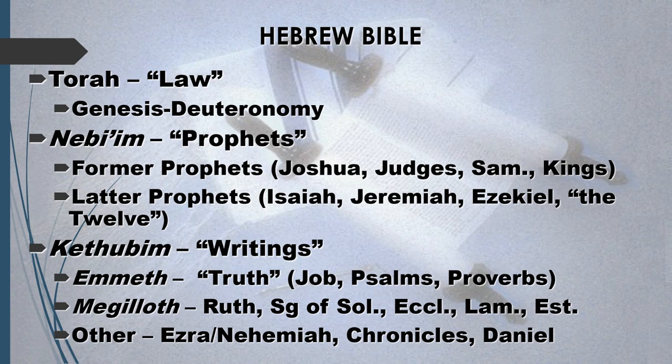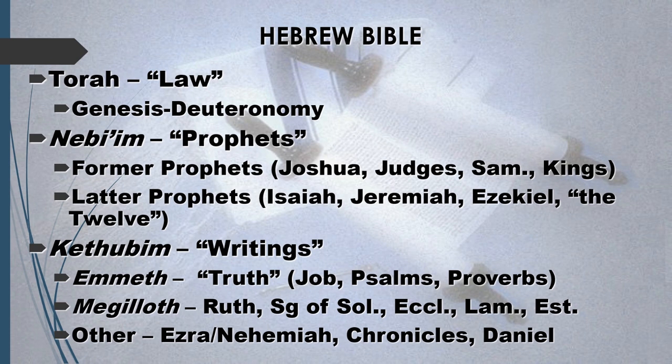These are what sometimes are referred to in English as the minor prophets. And these are Hosea, Joel, Amos, Obadiah, Jonah, Micah, Nahum, Habakkuk, Zephaniah, Haggai, Zechariah, and Malachi. And so they're just referred to collectively as the Twelve here when you look at them in this layout.